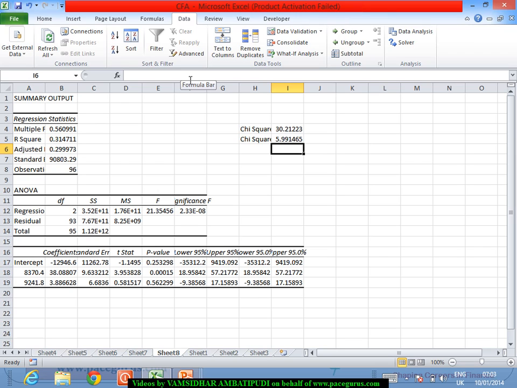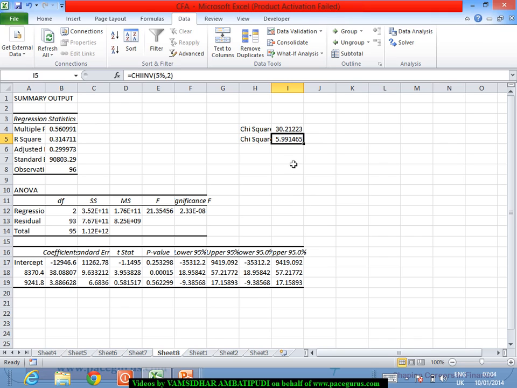So as long as my computed value lies between 0 and 5.99, because chi-squared cannot have a negative value, I cannot say that there is any evidence of conditional heteroskedasticity in the data. But if my calculated value is 30, which is above 5.99, it's a very clear indicator.